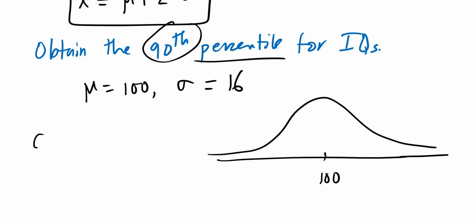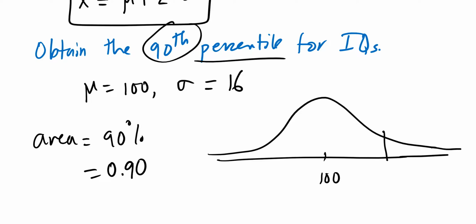That's going to be the area. So the area is 0.90. Remember, the area under the whole curve is 1. So maybe the 0.90 is to the left, like so.